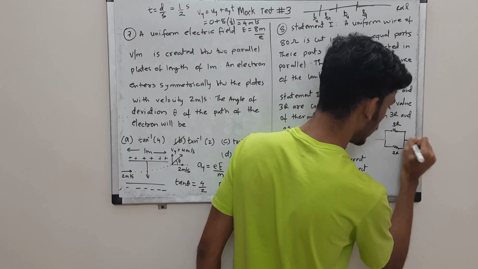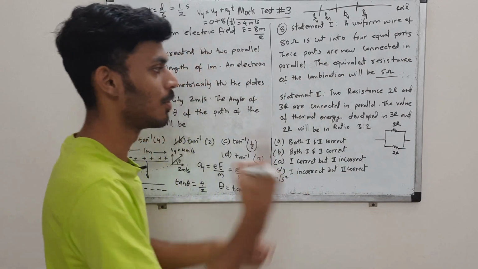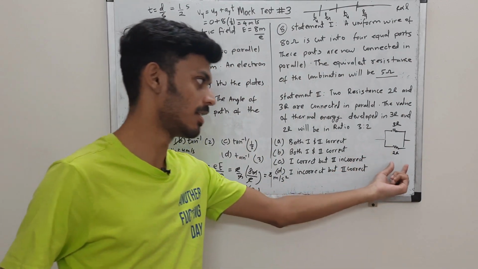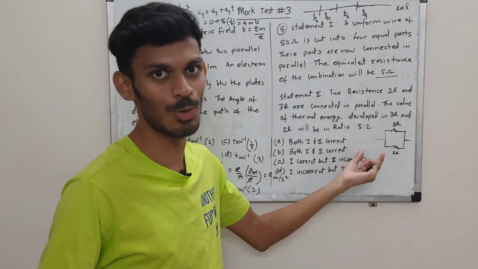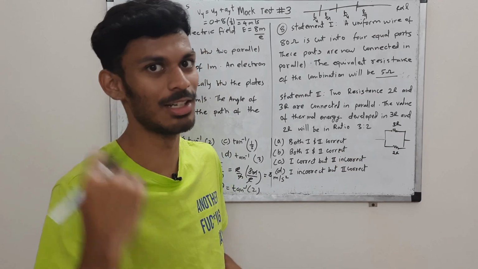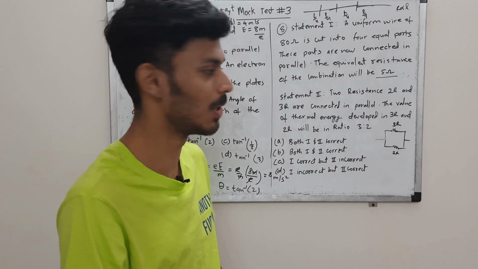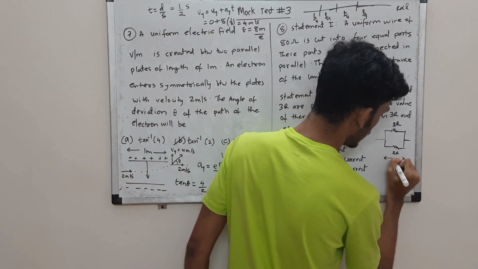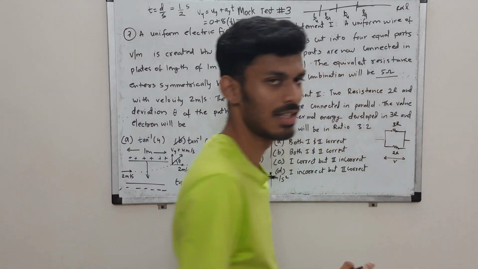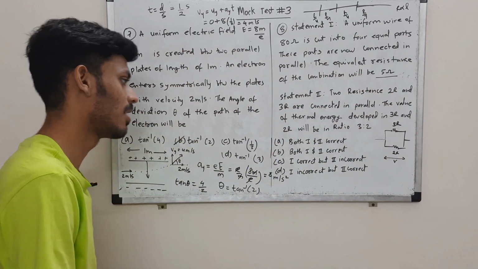So statement 2 here is incorrect. If you do it the other way around, you will get 3:2. Otherwise the actual answer should be 2:3, and this statement should be wrong. I'll prove it. They are connected in parallel, which means the voltage across this and this is the same. That is what is meant by parallel connection.